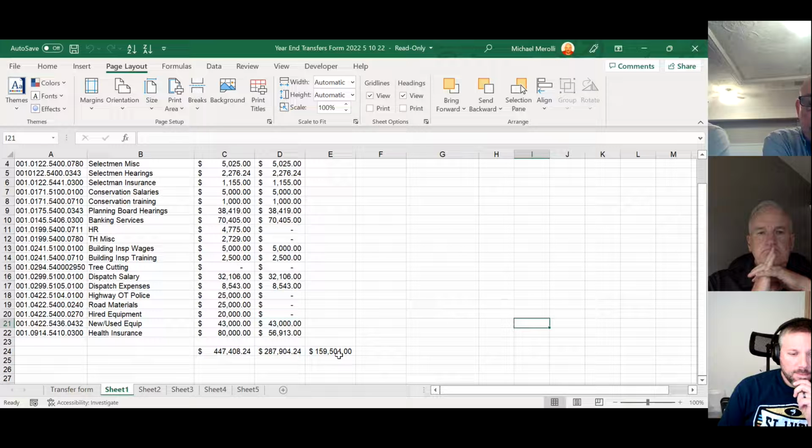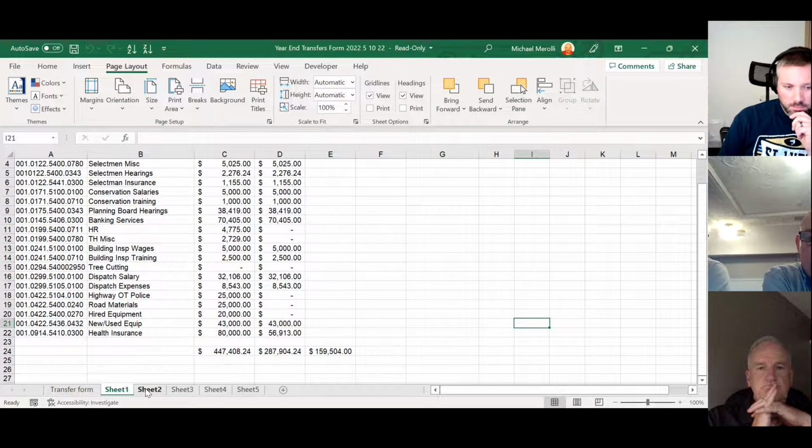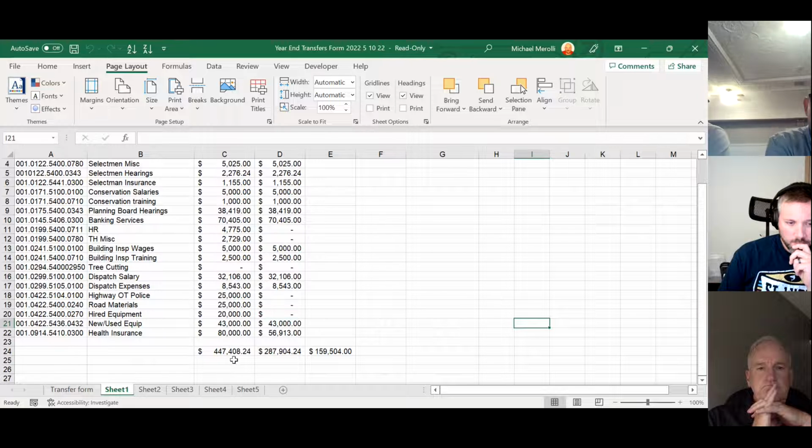Does that make sense? That's an overall surplus from what we're saying. So you got the 447,408.24 value in those accounts. Now, I can't speak to the fact that all of that money is actually still surplus. Maybe Mike can speak to that. Yeah, this was as of May. Column C is the value that was left over at that point in the year.